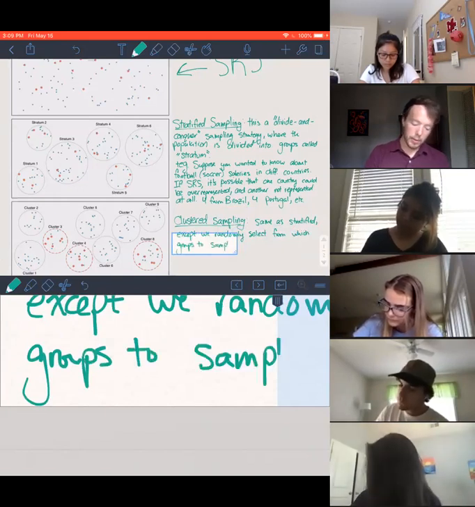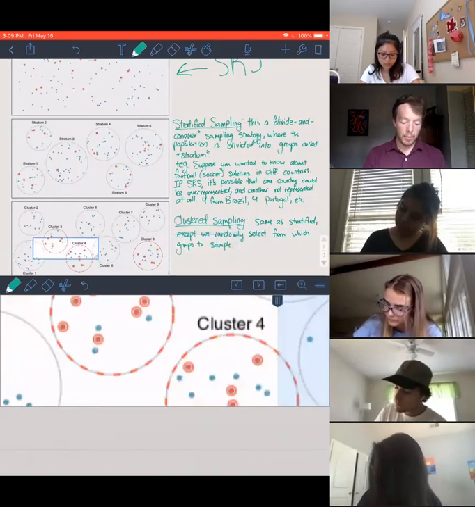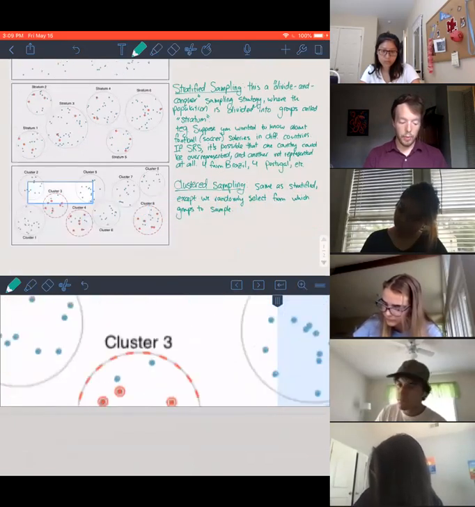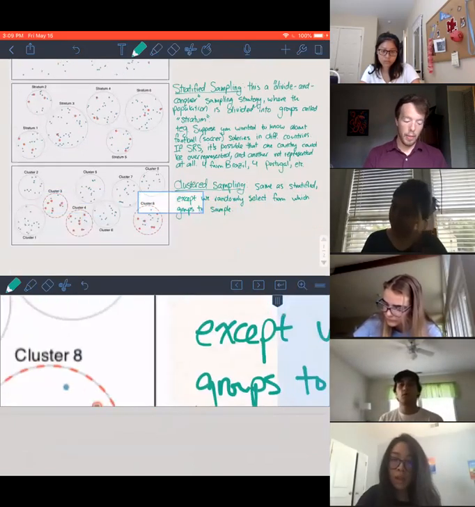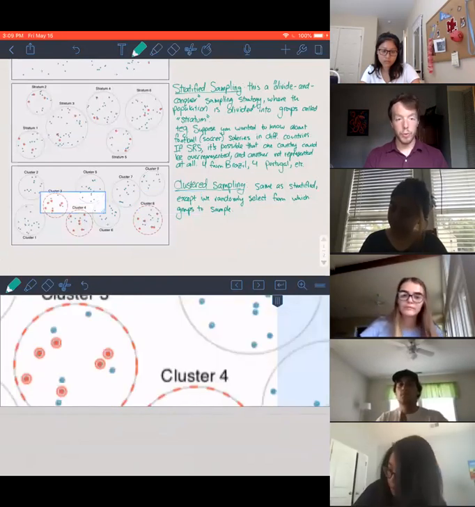So as you can see in this little example, they randomly selected cluster 3, 4, and 8, and then within each of those clusters drew 6 observations.